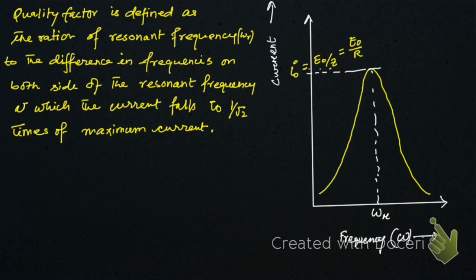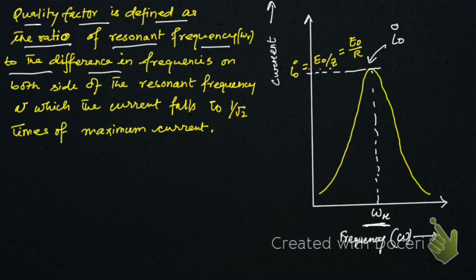The quality factor is defined as the ratio of the resonant frequency, that is omega r, where the current is maximum, I naught is maximum here, to the difference in frequencies on both sides of the resonant frequency at which the current falls to 1 by root 2 times the maximum current.